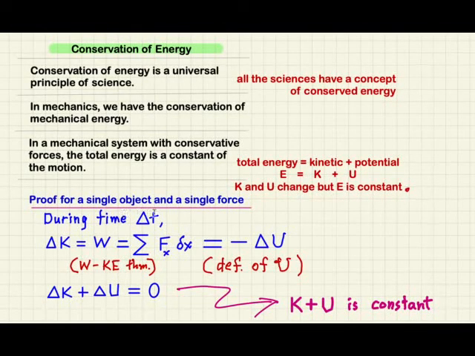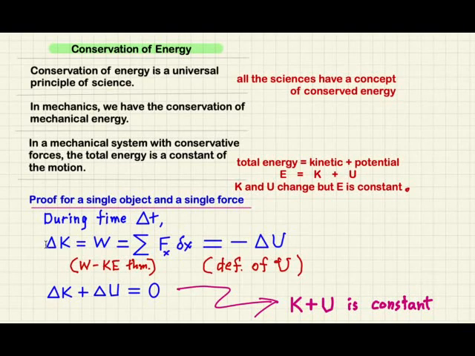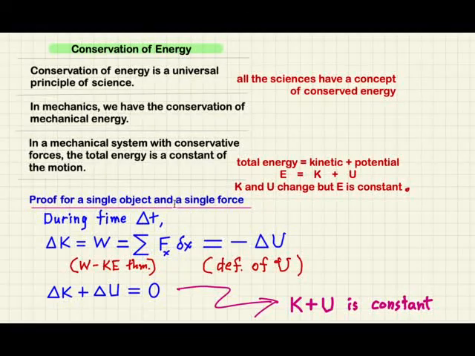Then delta t would be 60 seconds. The change in kinetic energy is delta K. And we know from earlier in the chapter, delta K is equal to W. It's the work done by the net force acting on the object. Well, we're assuming that there's just a single force, so it'd just be the work done by that force.